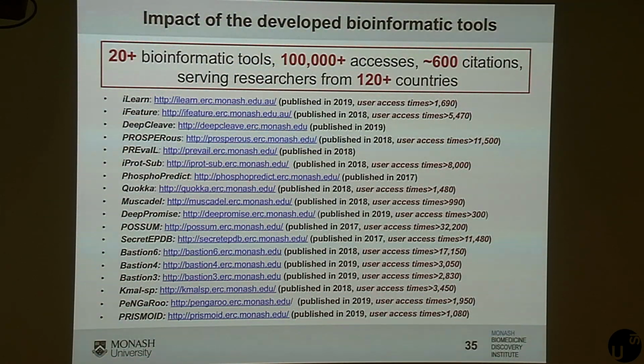I list the majority of the tools that our team has developed in the last 3 years. It includes iLearn and iFeature. iLearn I just described. iFeature is a feature engineering extraction analysis tool. DeepCleave I presented as example project 1. There are some other ones focusing on protein post-translational modification and functional site analysis, and also bacterial secretion.